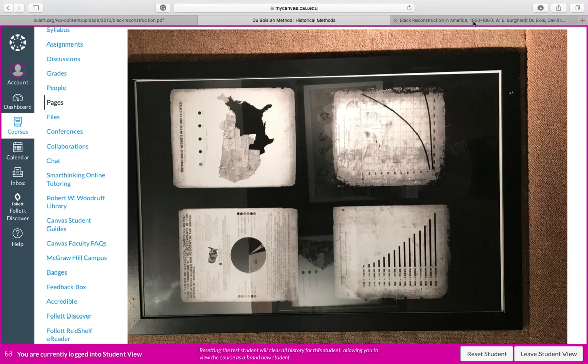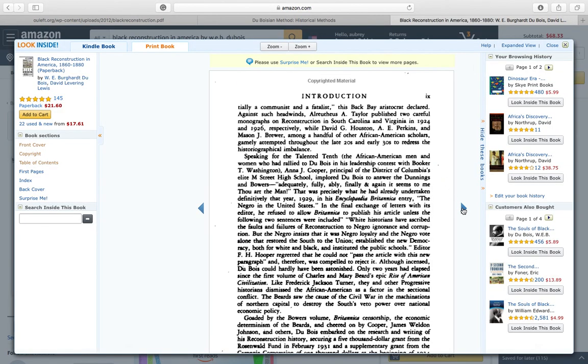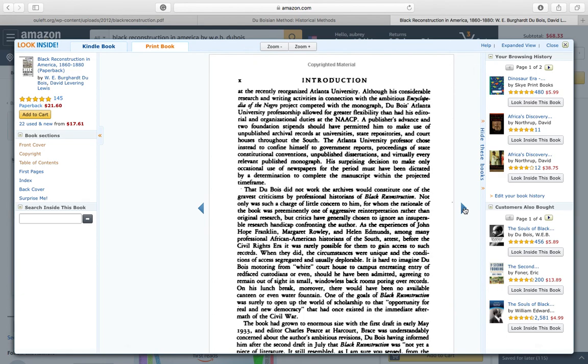And then in Black Reconstruction, again, coming back to this, he's bringing that sociological eye, if you will, to this massive topic of Reconstruction.